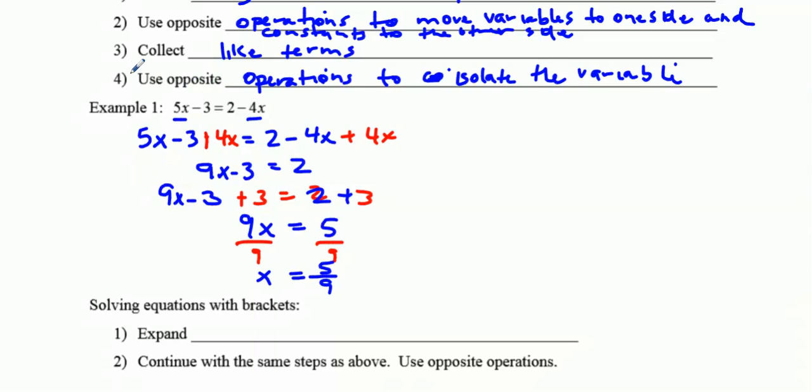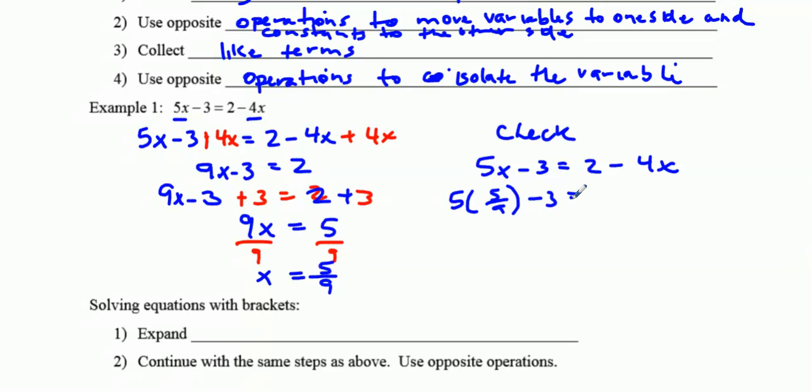Now, it didn't say check, but if we wanted to check, we would just rewrite the whole equation out and substitute in 5 over 9 wherever there's an x. We don't move anything around the equal signs during our check.